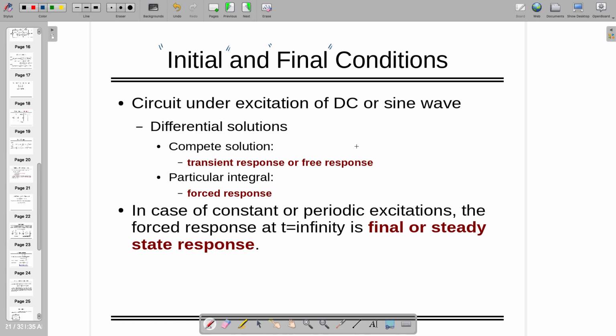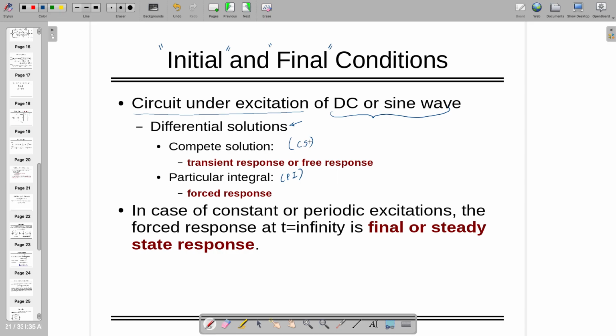And when you are solving the differential equation using mesh analysis or nodal analysis, doesn't matter, when you are exciting your circuit with DC or sine wave, you may have differential solutions which might be complementary solution and particular integral, CS or PI, right? There are two solutions, you are adding them afterwards.